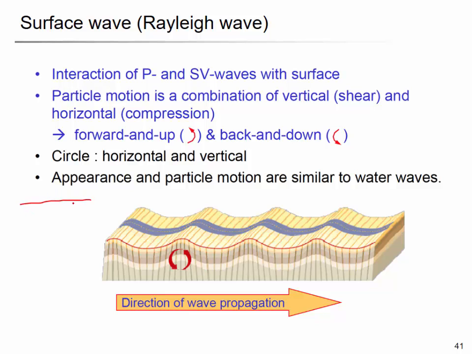Let's assume that this is the surface, and the wave goes here, P wave. And then this material will extend and shrink, right? And when it extends, because of the Poisson's effect, it will become thinner, right?